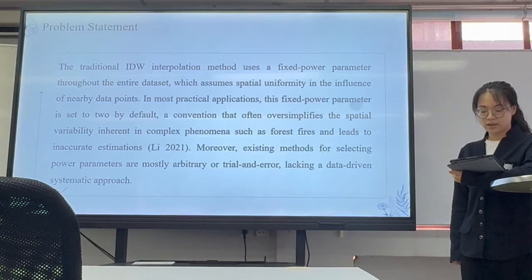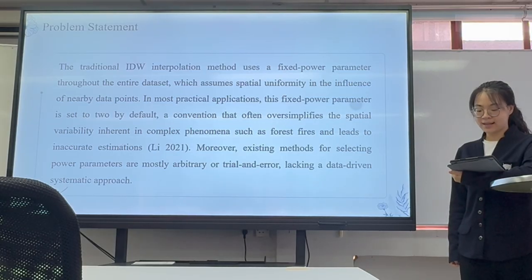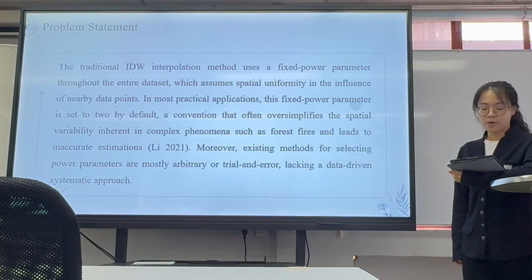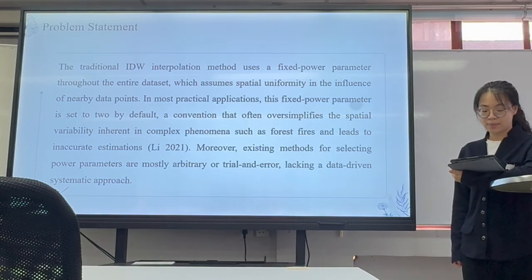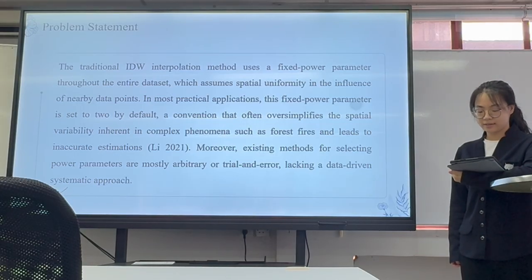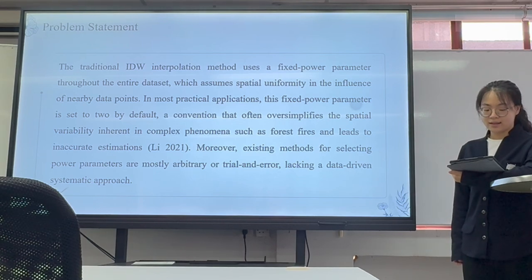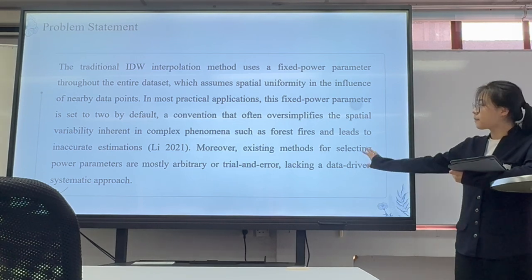A convention that often oversimplifies the spatial variability inherent in complex phenomena such as forest fires and leads to inaccurate estimation. Moreover, existing methods for selecting the power parameter are mostly arbitrary and trial and error, lacking a data-driven approach.